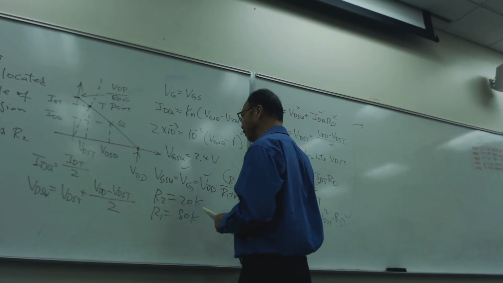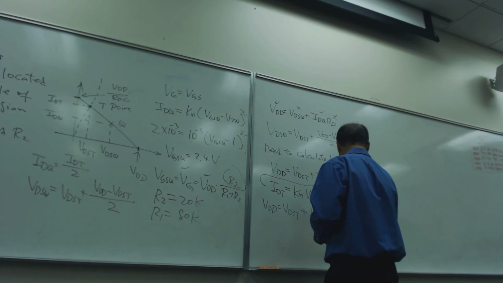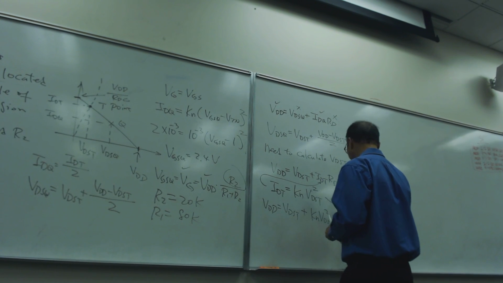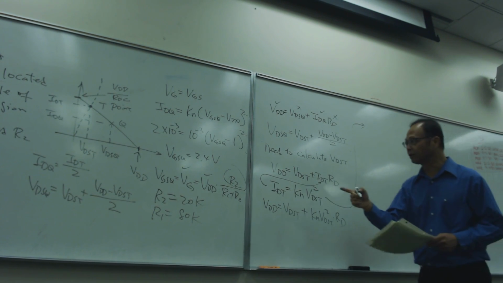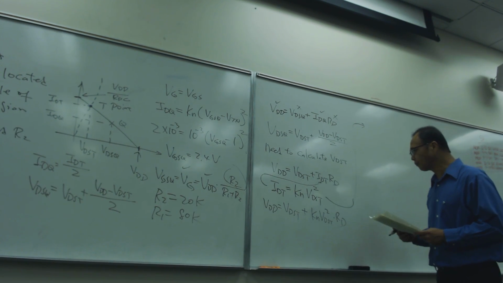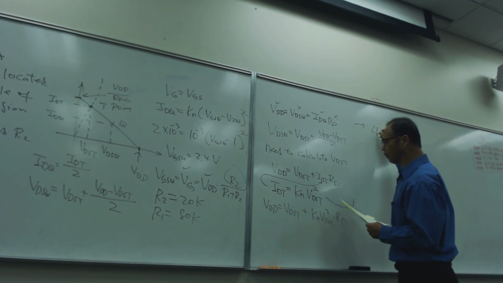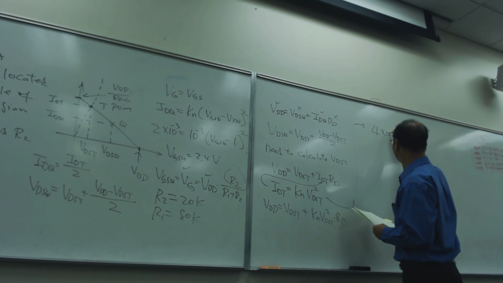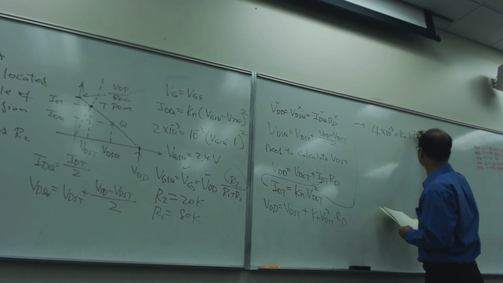So actually this is known, so I need to go from here, from this equation. IDT is known. It is 2 times IDQ, right here. Therefore, IDT is 4, correct? 4 times 10 to the minus 3 equals Kn VDST squared.